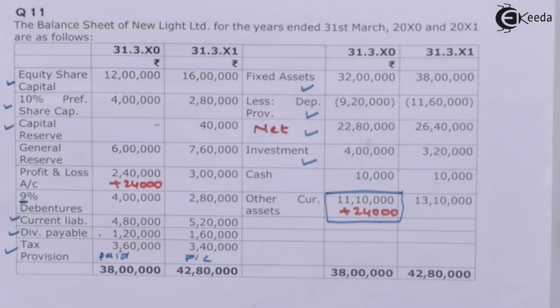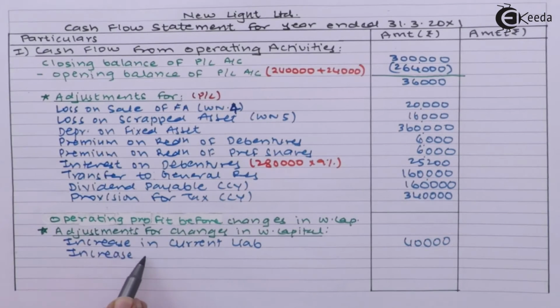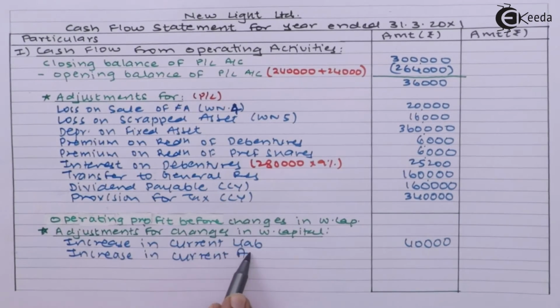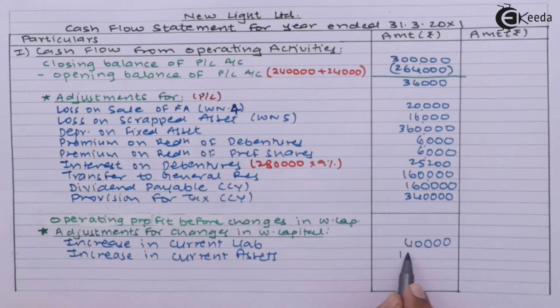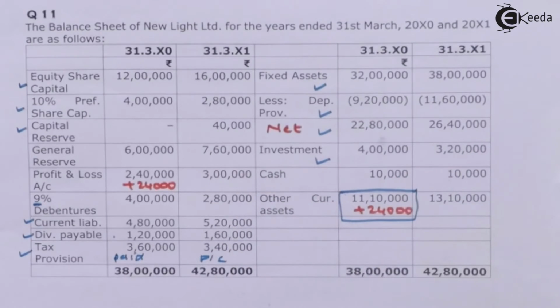So I can say there is an increase in current assets. An increase in current assets will be shown as a negative figure. In this way we have completed all information given in the question.